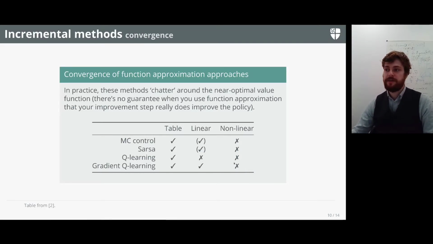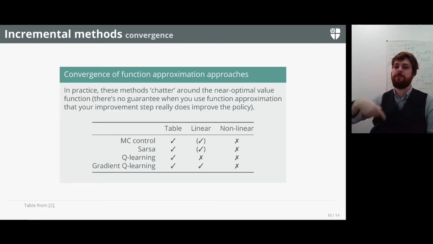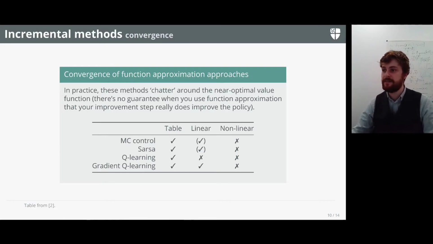And in this table here, we show that we can have all the nice theoretical guarantees when we use tabular methods, when we have those big Q tables which do everything. If you can store everything in a big table and just iterate over it, you've got all of those nice theoretical guarantees. And also we can make it work for simple linear function approximators. I won't really be going into these as they're not actually very powerful in practice.